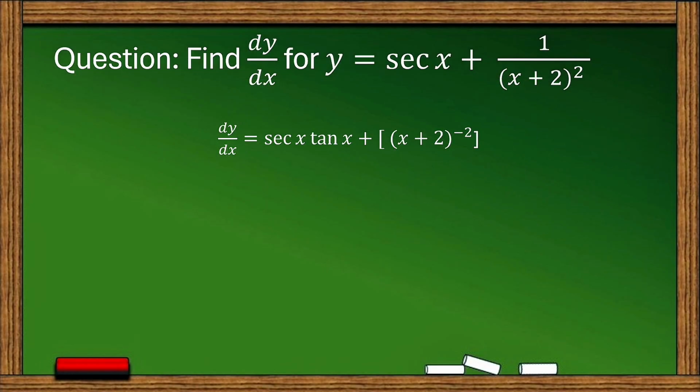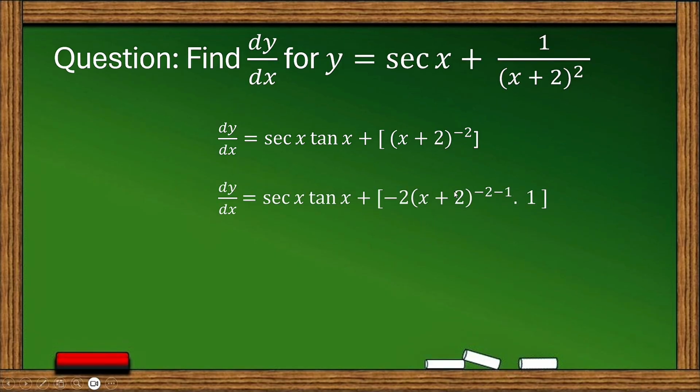So look at the first question. Find dy over dx for y equals sec x plus 1 over x plus 2 close bracket power of 2. So we need to remember the derivative of the function sec x, which is sec x tan x. Then you need to put x plus 2 power of 2 to the top, and the power will be negative. Just solve this as usual.